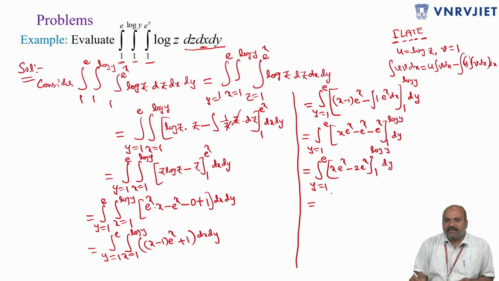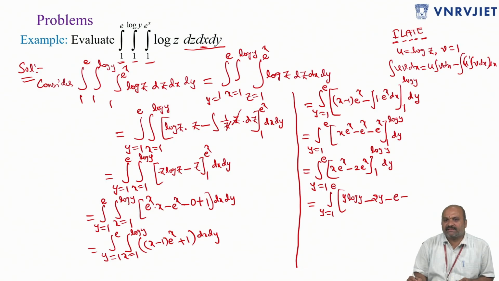That is integral y varies from 1 to e. It is instead of x, log y. So log y, e power log with base e y. So it is y into log y minus 2 into e to the power of log y, it becomes 2y. Substitution of lower limit, minus x equals 1, e power 1, so it is e.